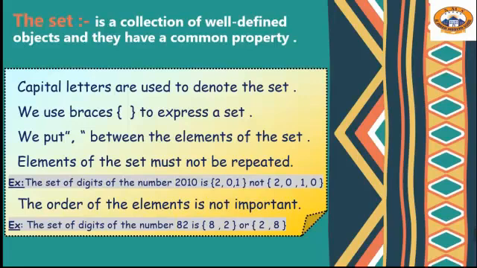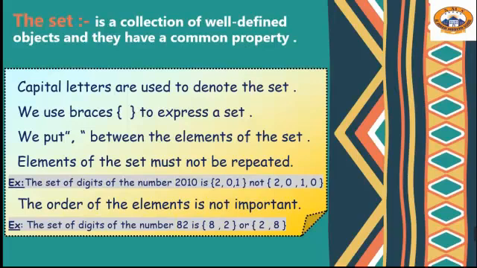No, ordering is not important. So, in any set, you have to remember that repetition is not allowed and ordering is not important. Is it clear? So now we remember together some properties of the set.